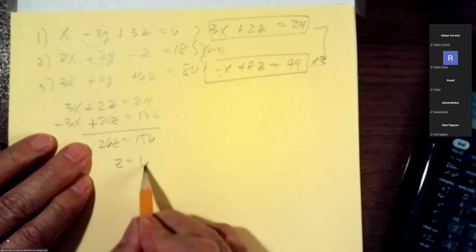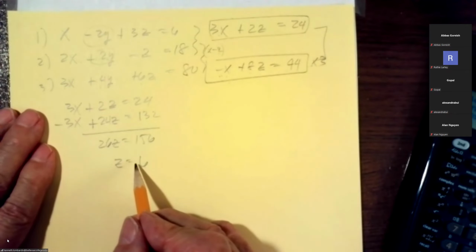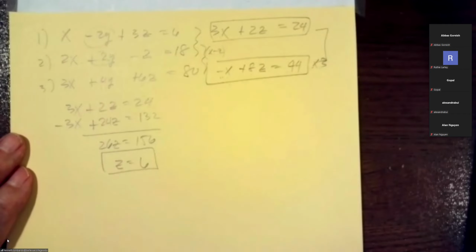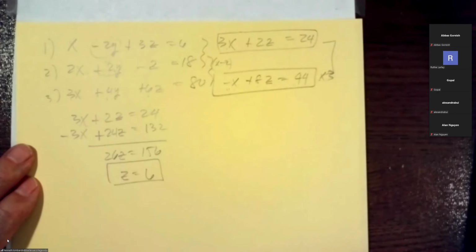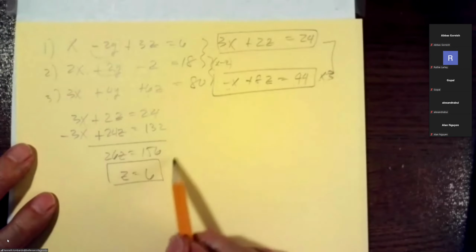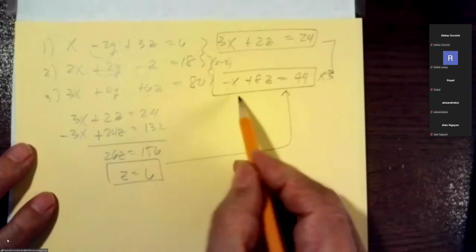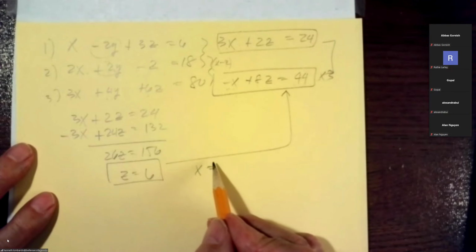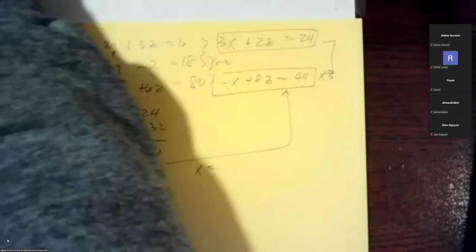And that goes in what, 6 times? So did we get z equals 6? We agree with that? Is that what you get? Okay, so if z equals 6, we can plug that back in up here, can't we? Solve for x. And when we solve for x, what are we going to get?